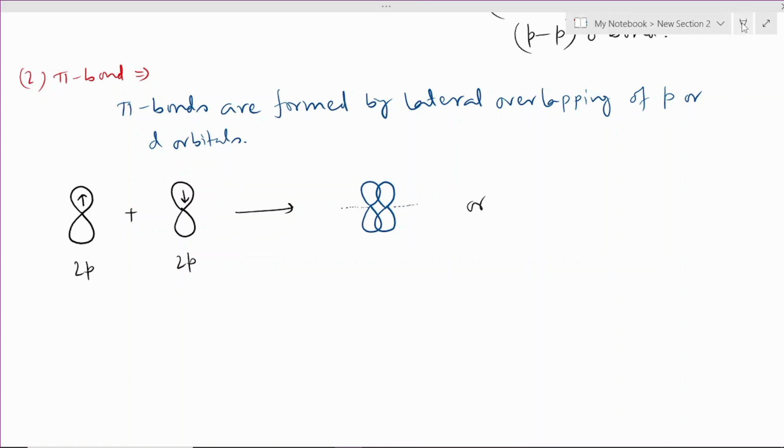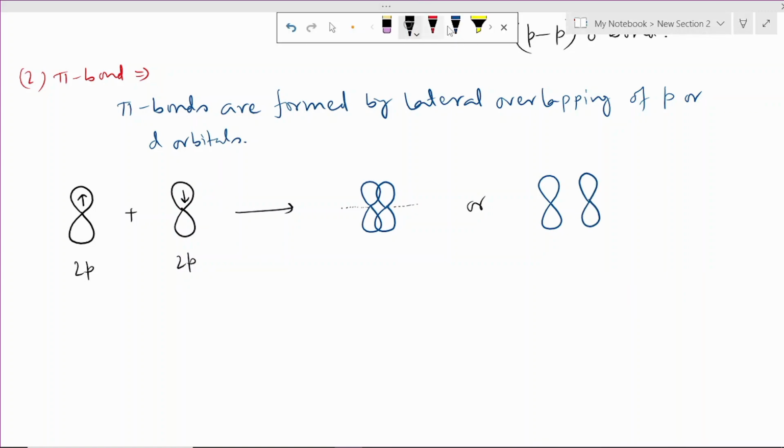Or you can also draw it like this. This shows the pi bond and also shows the lateral overlap.